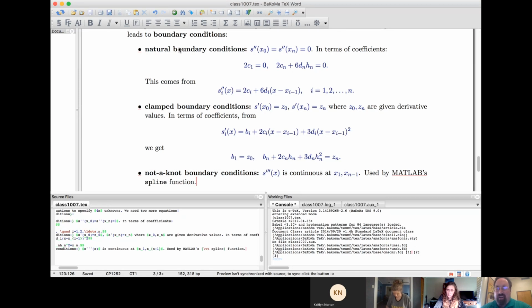So no, they are not the same. In fact, MATLAB's spline function does not do natural boundary conditions. It does not-a-knot by default, and it gives you a way to specify derivative values if you want clamped. But natural is not on the menu as far as MATLAB is concerned.